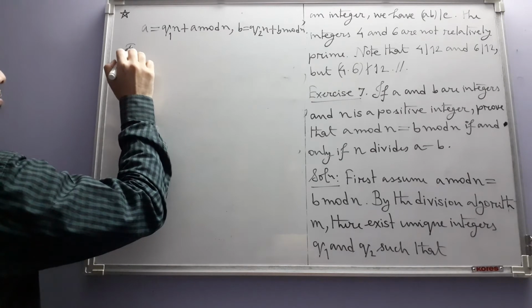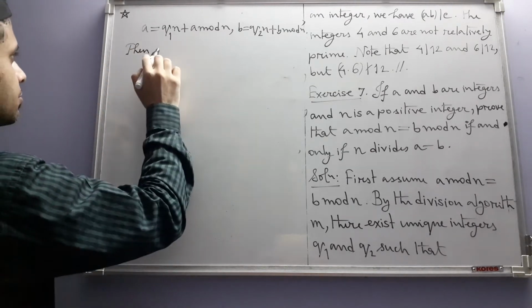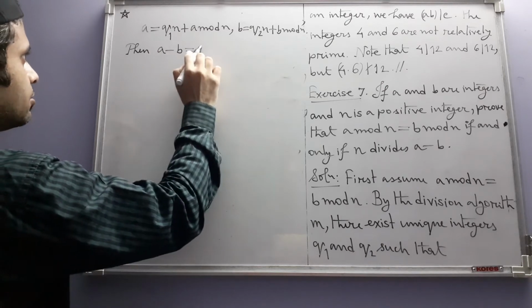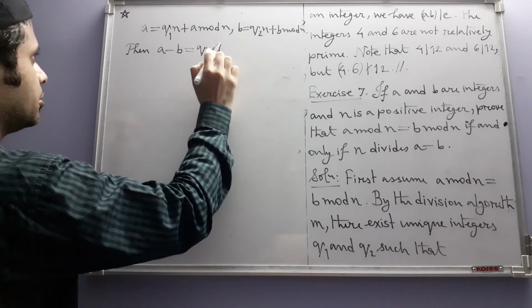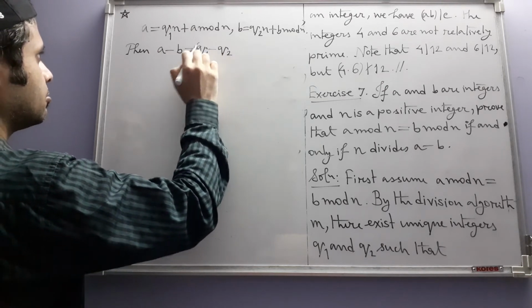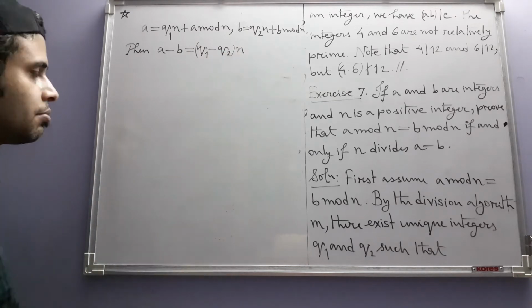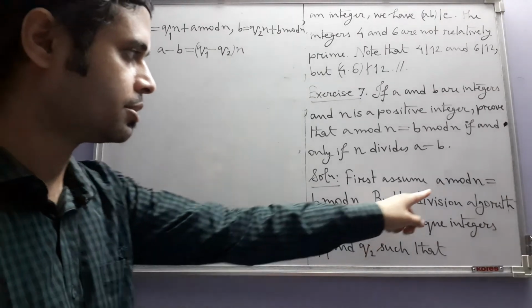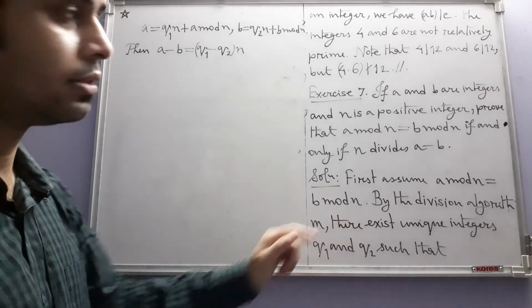Then A minus B is equal to (q1 minus q2) times n plus A mod n minus B mod n, but that will be equal to 0 because of our assumption.